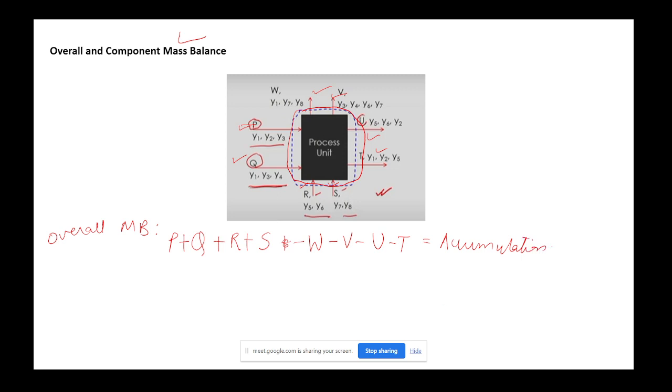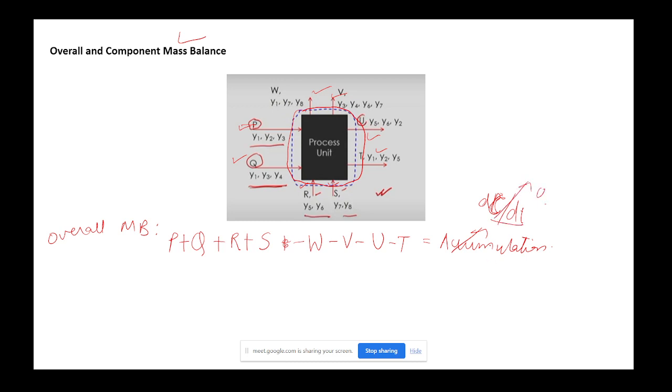Now if the process is at steady state, then what is accumulation? Accumulation will be nothing but the change in that variable. Suppose we are dealing with the flow amount of material, that is P, or any concentration C per unit time, then this change will be 0.